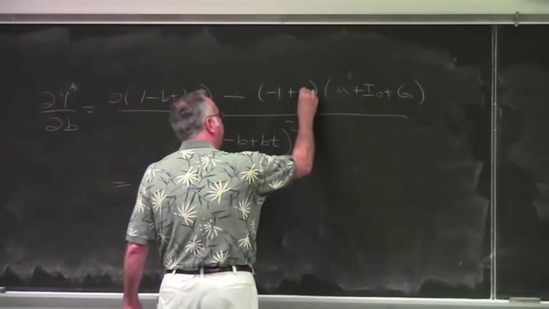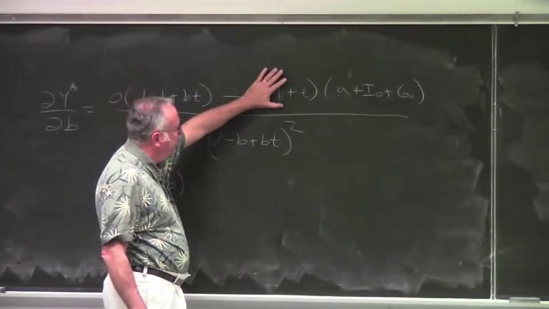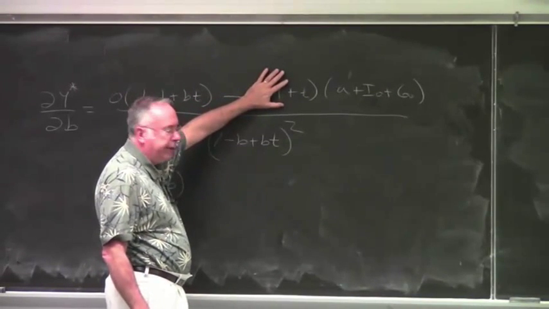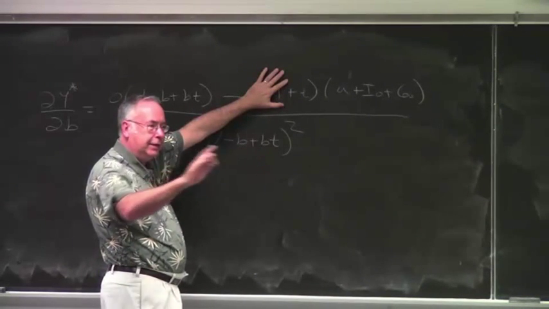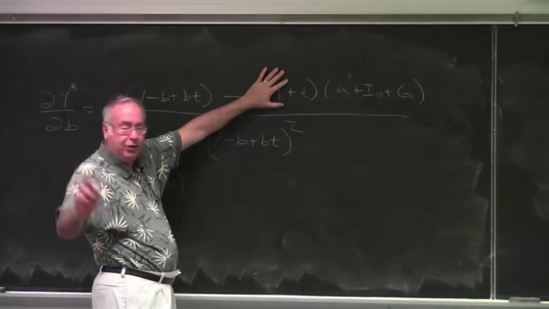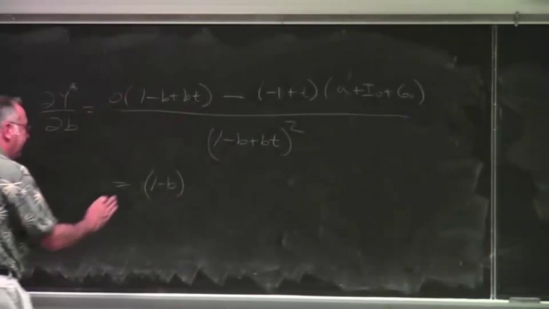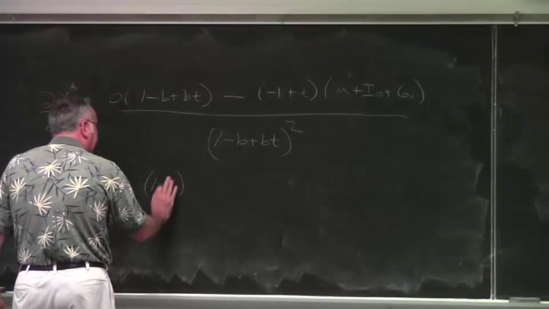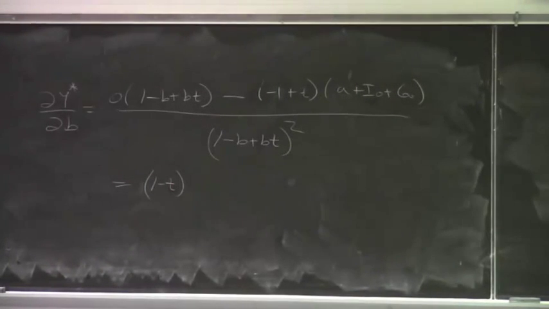Right, because in this expression right here, we were taking the derivative of the denominator with respect to b. And you're absolutely right. And that's what you told me, Lucy, didn't you? And I wrote down the wrong thing, even though you told me. It's t. Thank you. So this should be a 1 minus t. Very good. You people are on top of things.